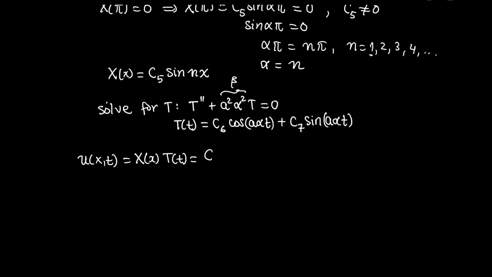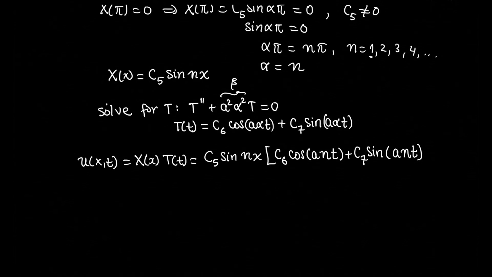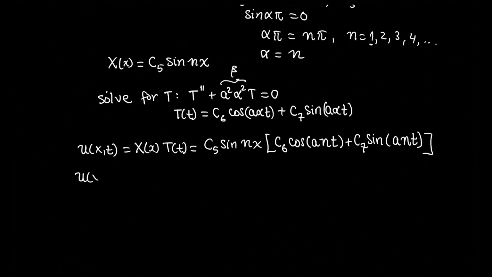Then I have C5 sine nx multiplied by C6 cos a n t plus C7 sine a n t, where alpha is n, like this.